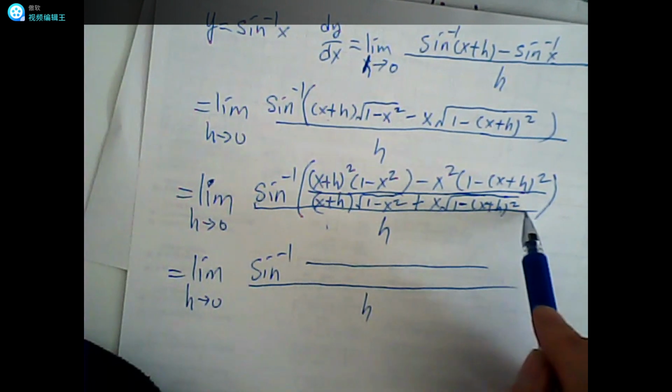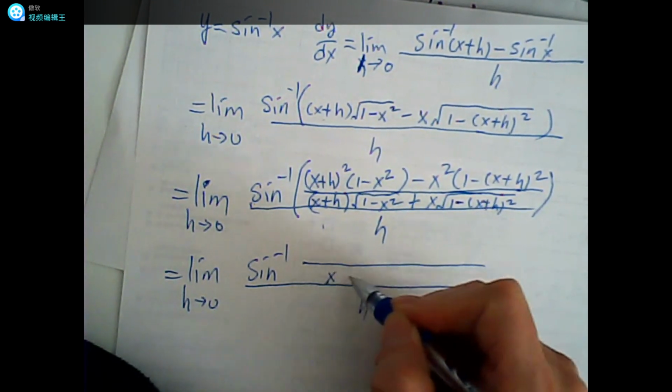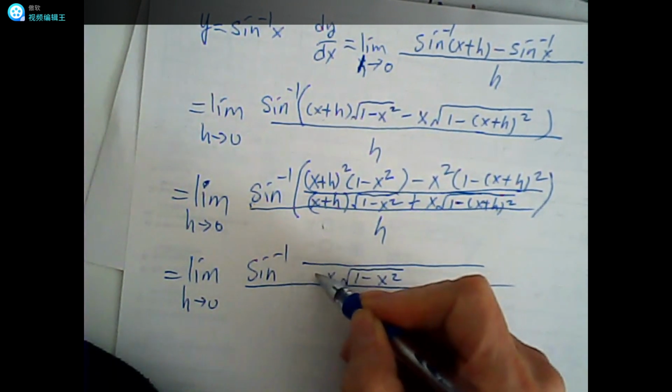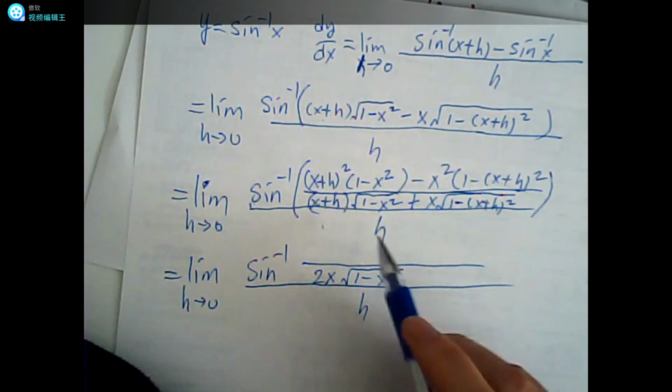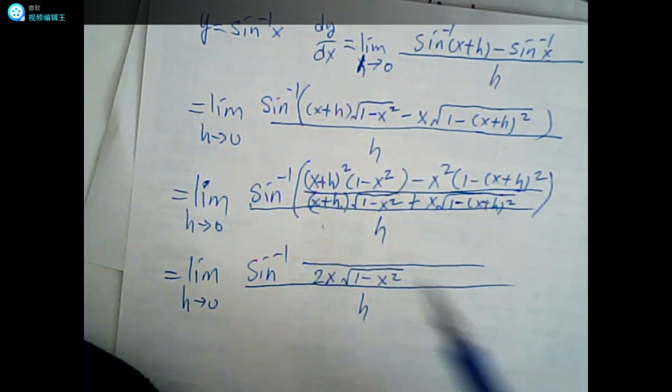This is 1 minus x squared, 1 minus x squared. This is x. So it becomes x times the square root of 1 minus x squared, times 2. Correct? As h approaches 0, the denominator becomes this.